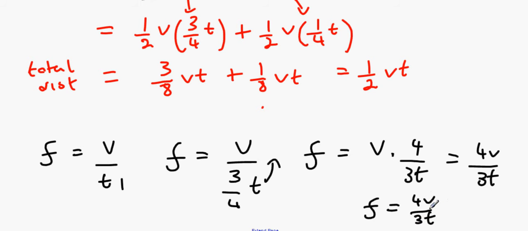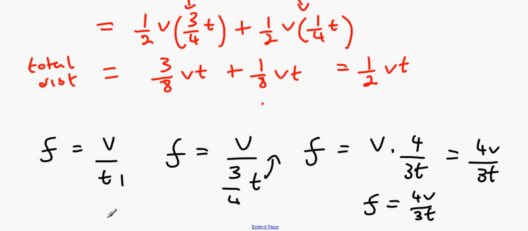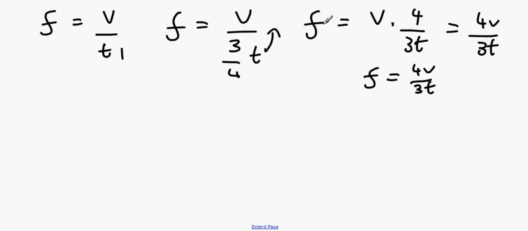So what we can do is put this in here, equals a half. We don't want the v, so the whole point was to get rid of the v. So get v on its own, v being the target: v equals 3ft divided by 4.